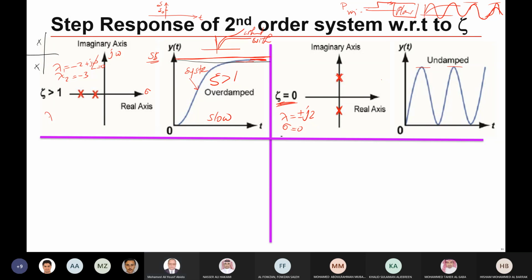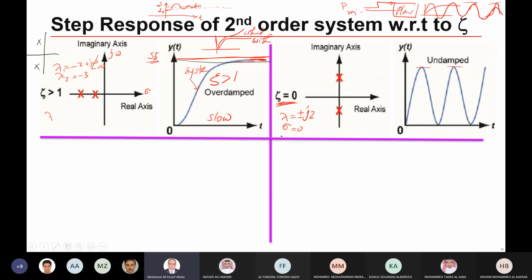If I apply a step input, this is the delta steady state, it will increase here, and then the response will be as such. The response is stable, so we will have such a response. Or you can have overdamped, where the response approaches the steady state as such. So it has nothing to do with whether you have a controller or not. This is the system response. Okay, clear. Thank you, Doctor.